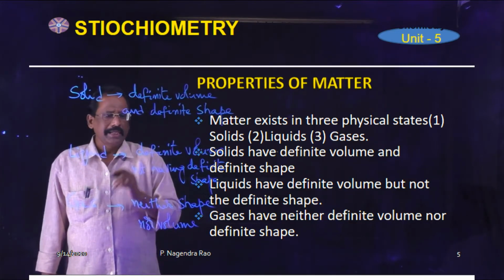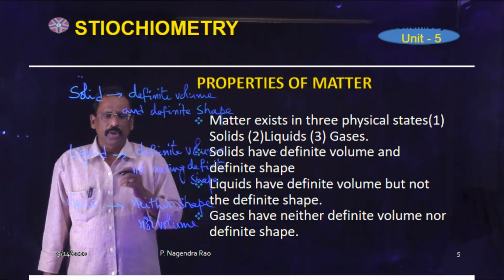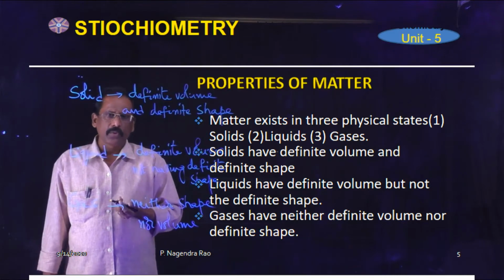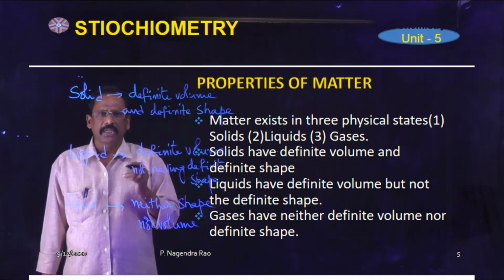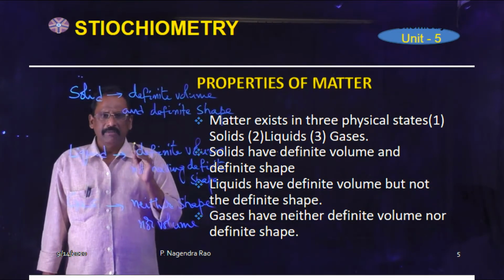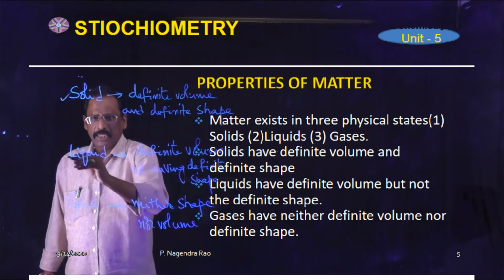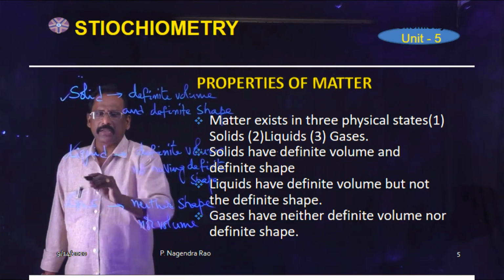That's why gases have neither shape nor volume. The shape and volume of the gas is equal to the shape and volume of the vessel or container. So generally matter exists in three physical states: solid, liquid, and gaseous state.